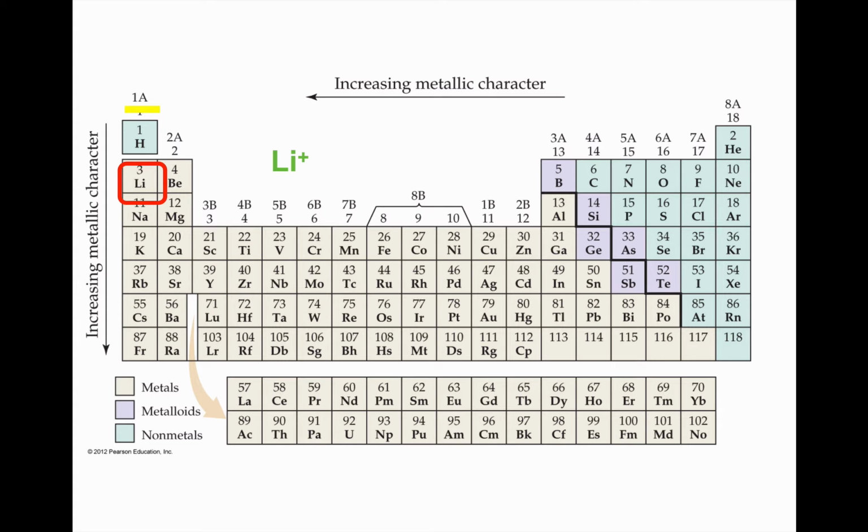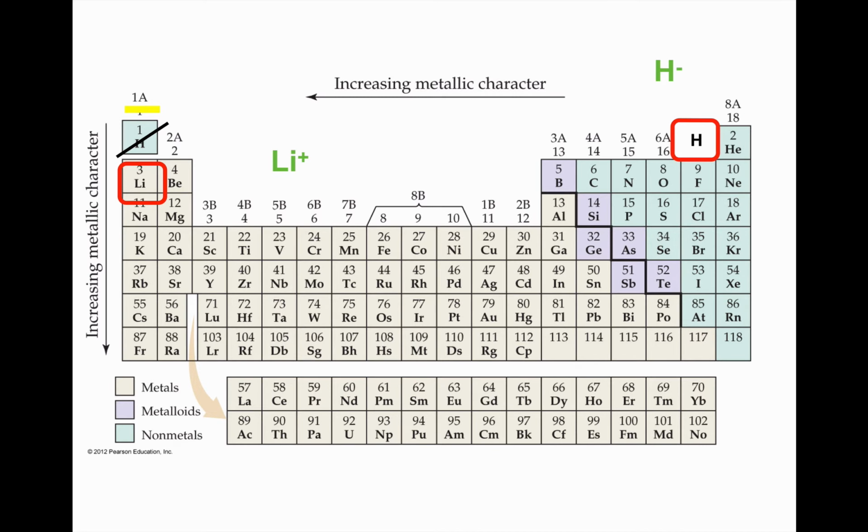Now, hydrogen's a weirdo. Hydrogen is in group 1A because it only has one electron, but hydrogen does not act like the ones below it in group 1A. Really, hydrogen belongs over here with the halogens in terms of reacting with metals. So hydrogen is going to be a taker. It needs one more electron to get a helium configuration.